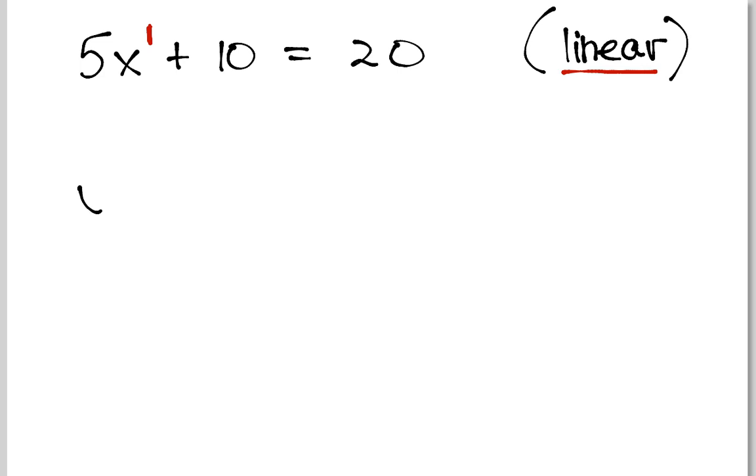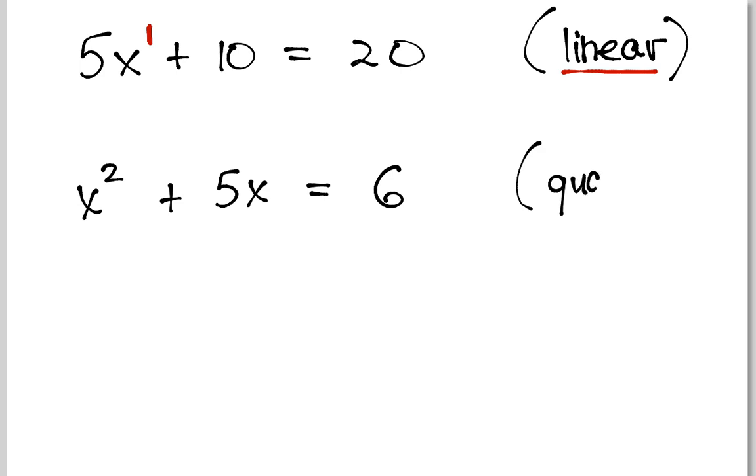Now if you had something like this, is this linear? What's this one? Why is it quadratic? Because it has this power 2.